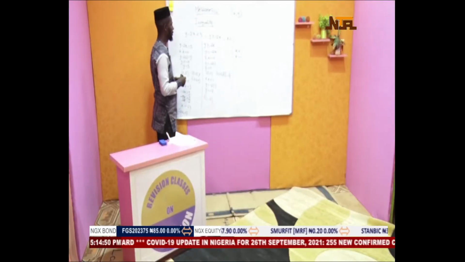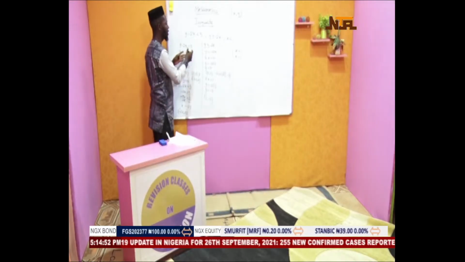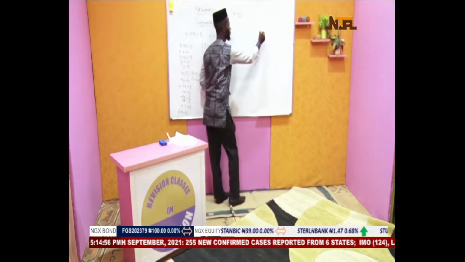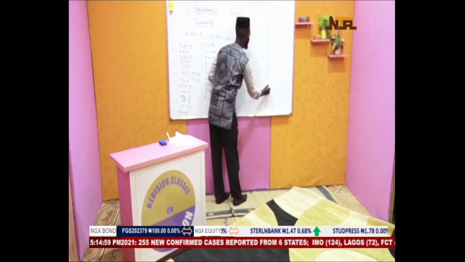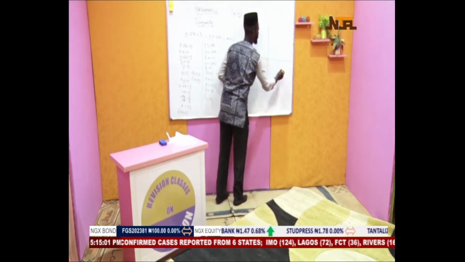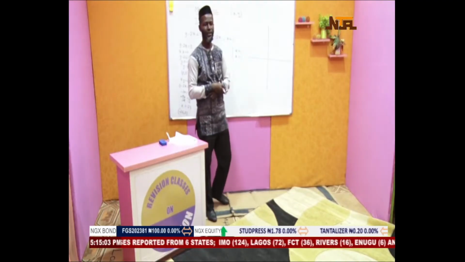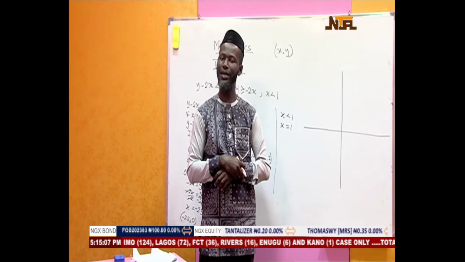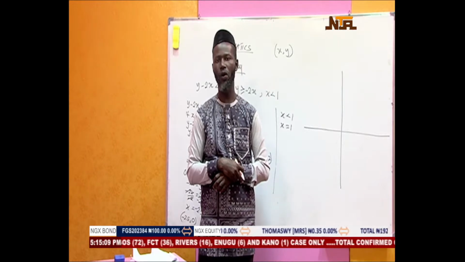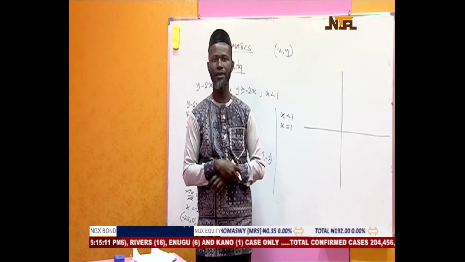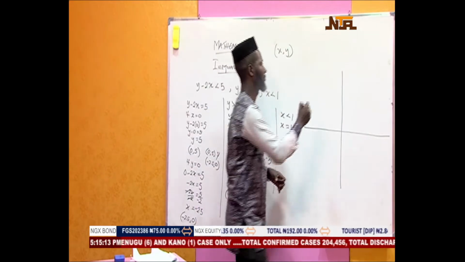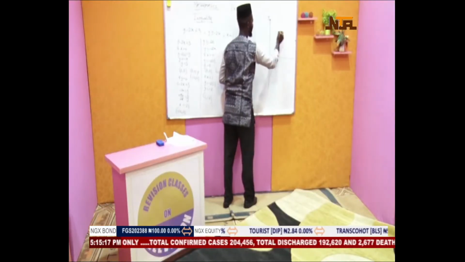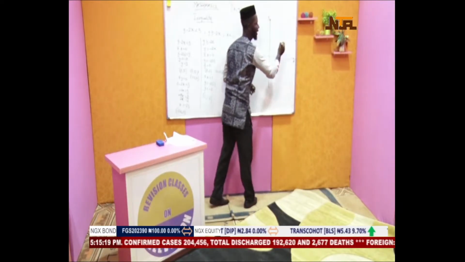Now, let's continue. The next thing is we want to represent this on a graph. So let's assume that this is our graph. Don't forget, in WAEC or NECO, you'll be provided a graph sheet by WAEC or NECO or any of the examination bodies. Now, don't forget to indicate your y as 6 and your x as 6.